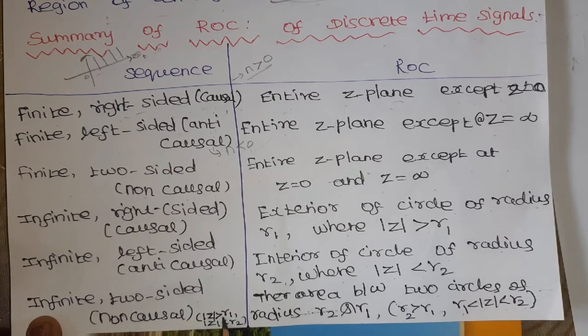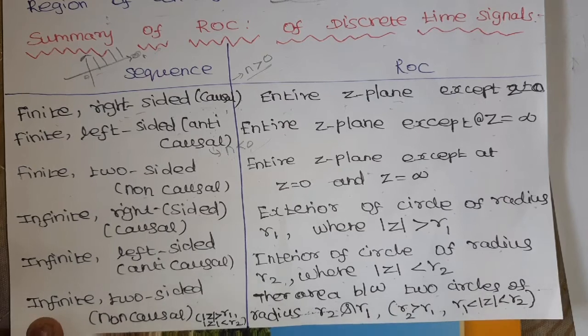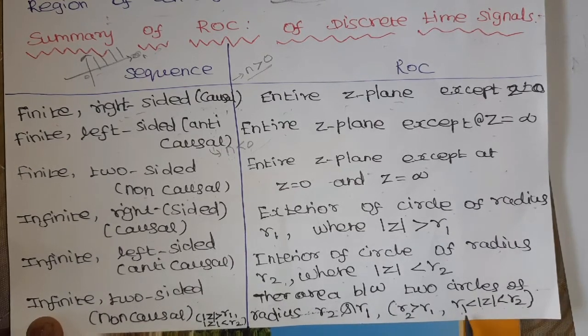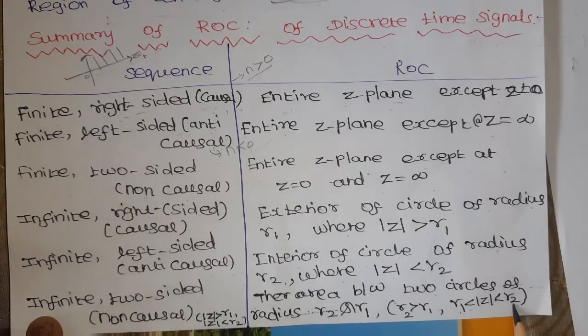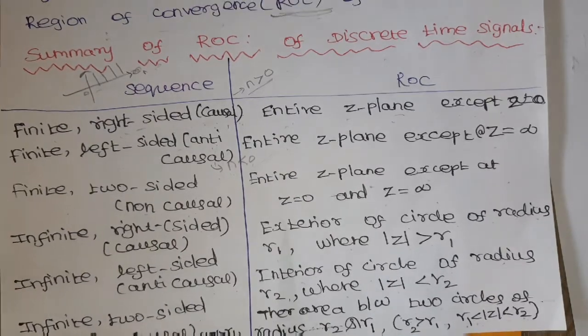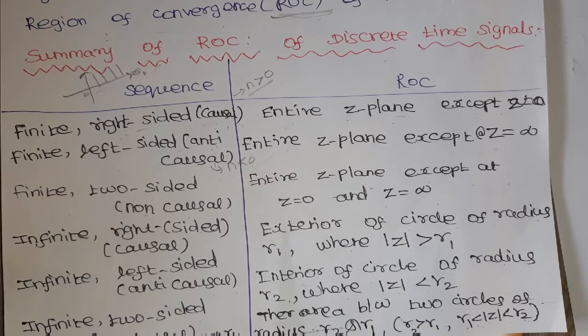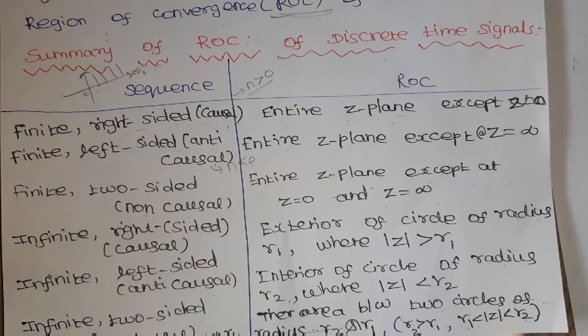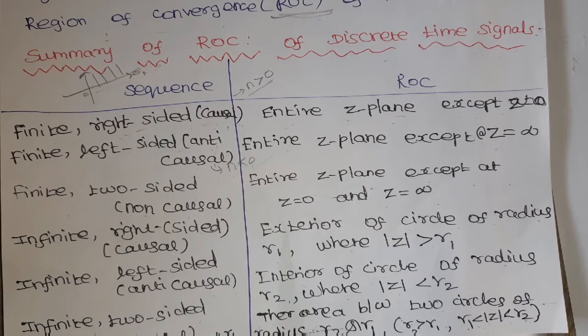It means mod Z is greater than R1 and mod Z is less than R2. This is the summary of the ROC of discrete time signals for the different types of signals, finite and infinite sequences, right-sided, left-sided and two-sided.